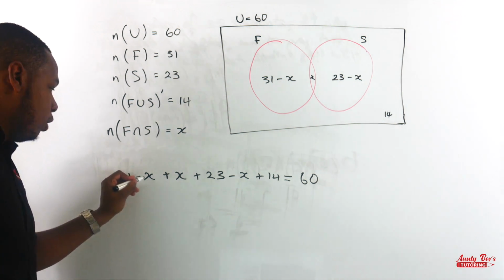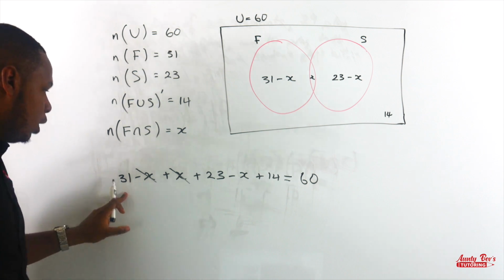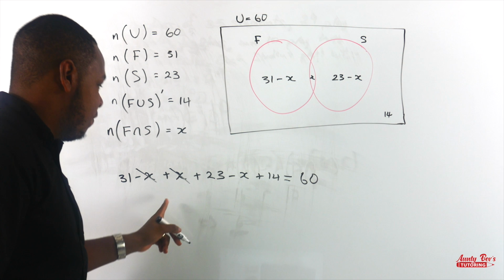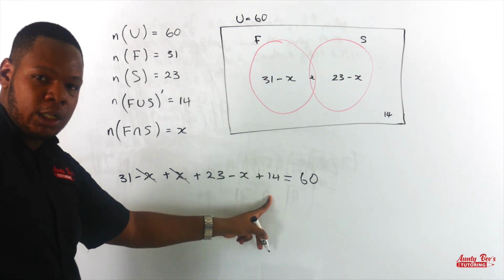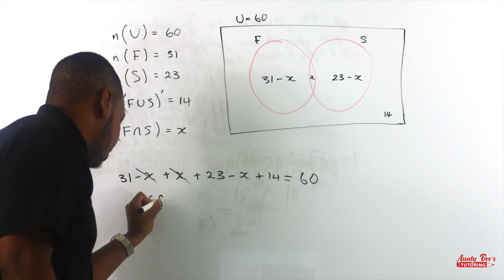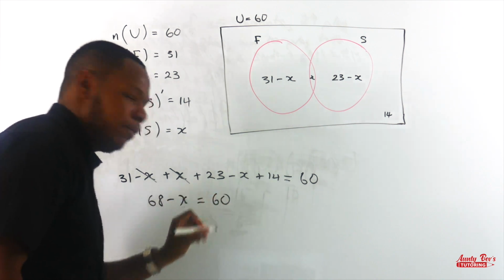Now, minus X plus X cancels. 31 plus 23 is 54. 54 plus 14, 68. So we have 68 minus X is equal to 60.